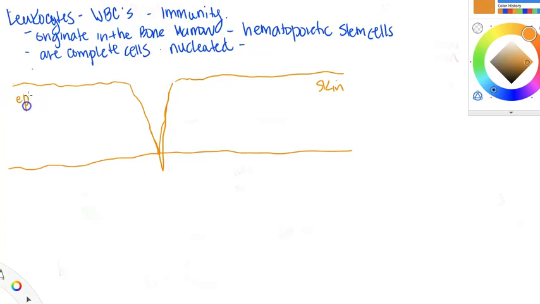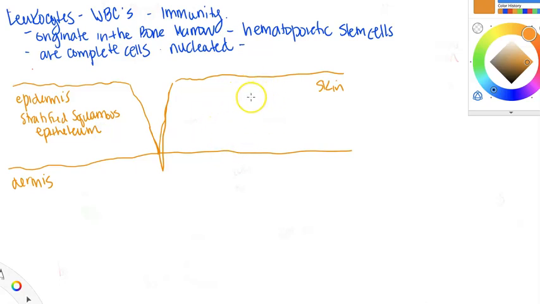So if this is the epidermis, then this would be the dermis. If you remember, the epidermis is made up of stratified squamous epithelium.